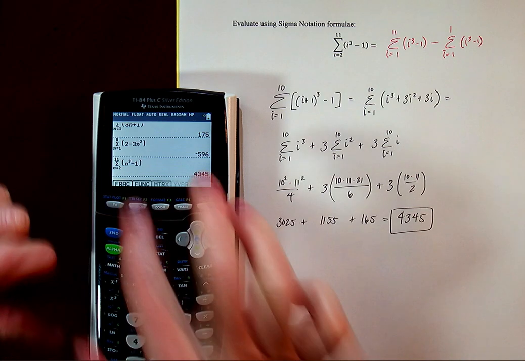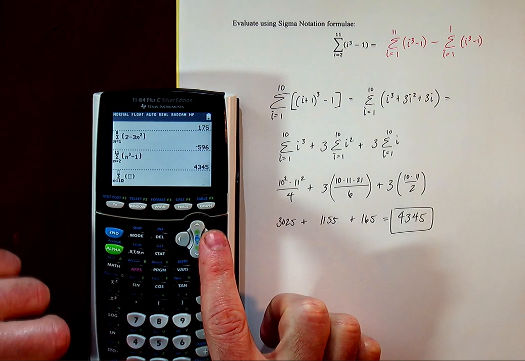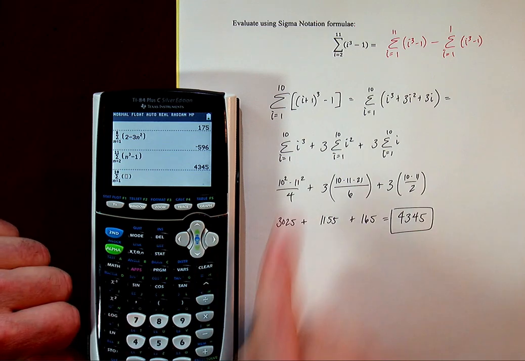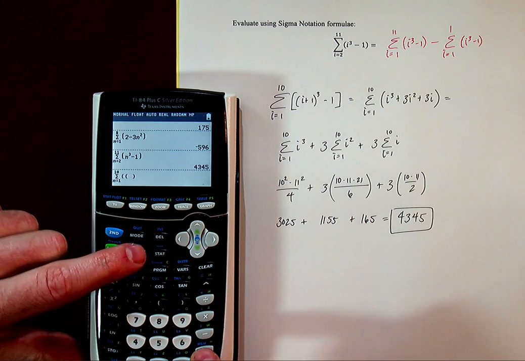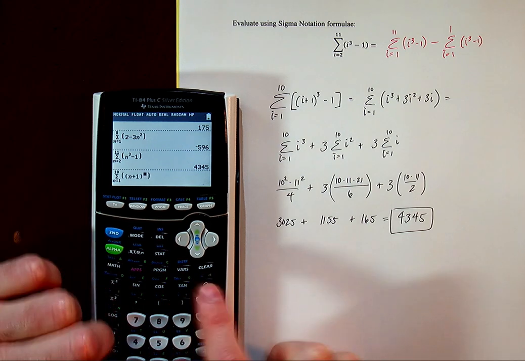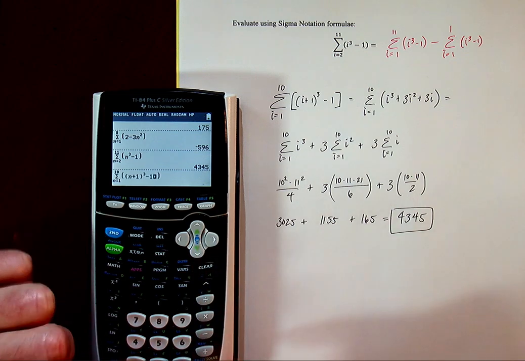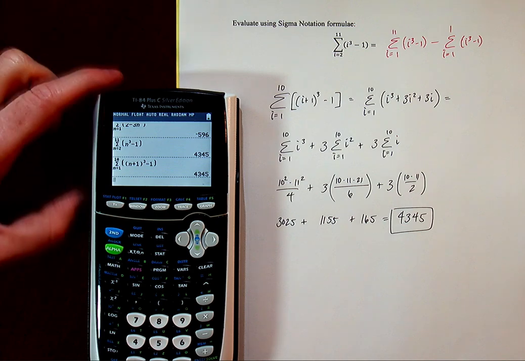Well, let's do it like this. Now, n is equal to 1 to 10, and you go n plus 1 raised to the third minus 1. And so it looks like I've done it correctly.